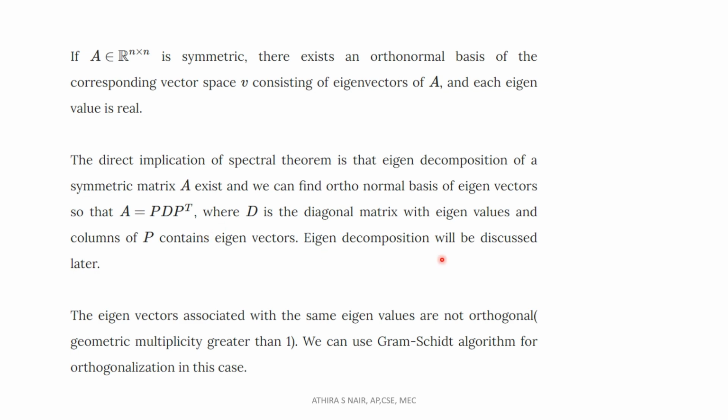Eigen decomposition will be discussed later. The eigenvectors associated with the same eigenvalue are not necessarily orthogonal, and the geometric multiplicity should be greater than 1, and we can use the Gram-Schmidt algorithm for orthogonalization in this case.